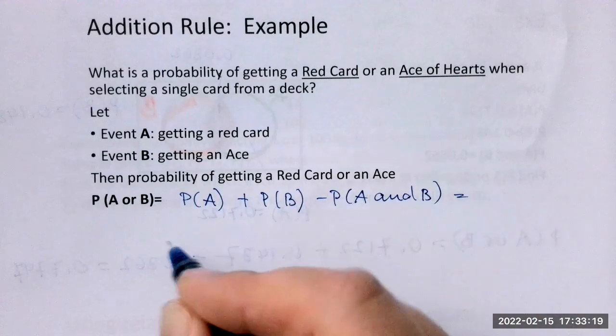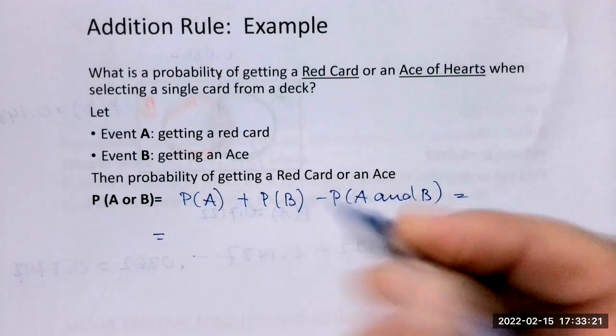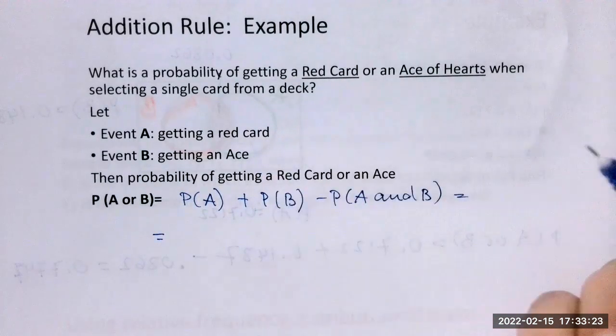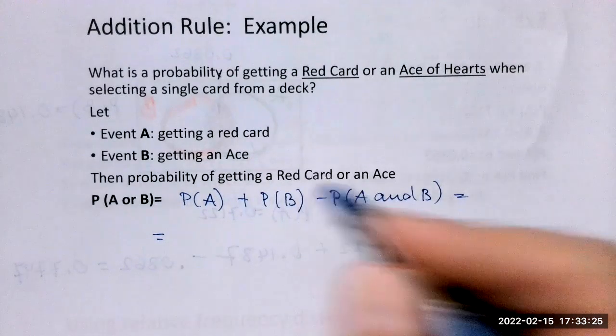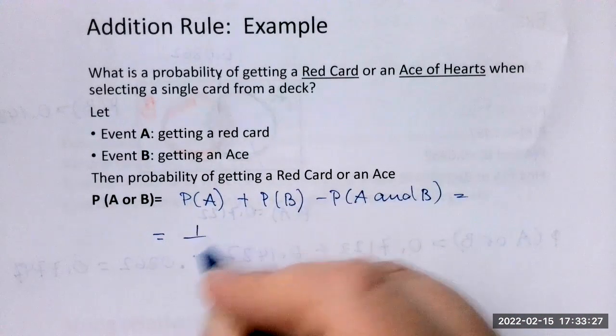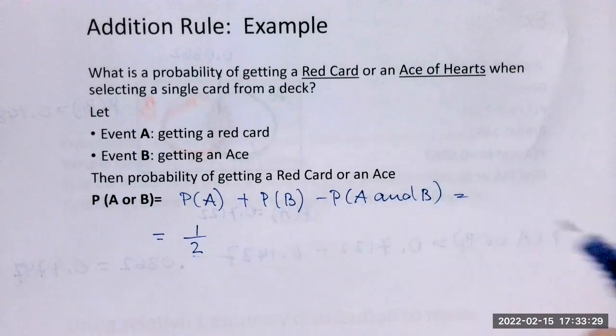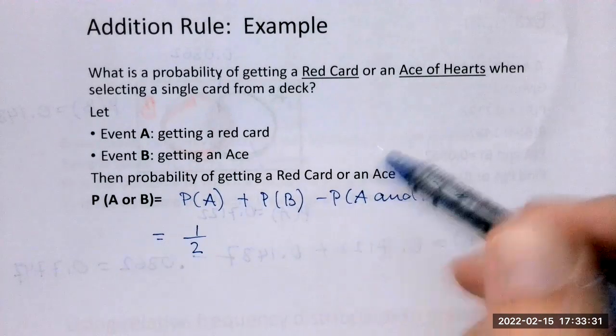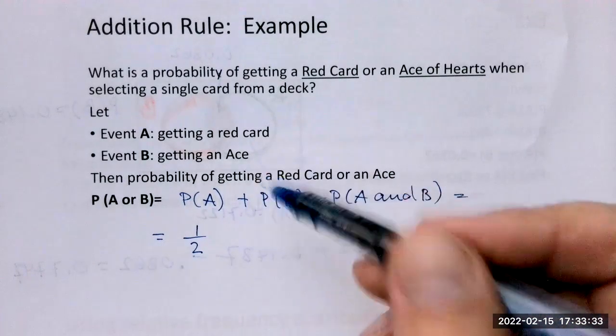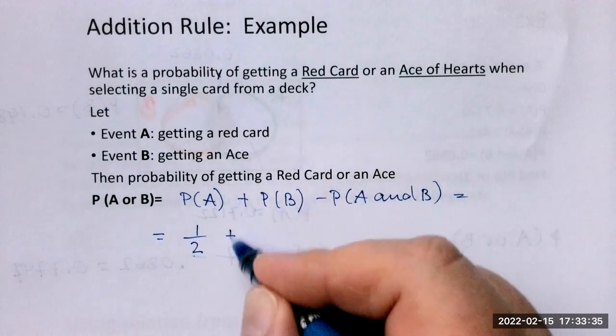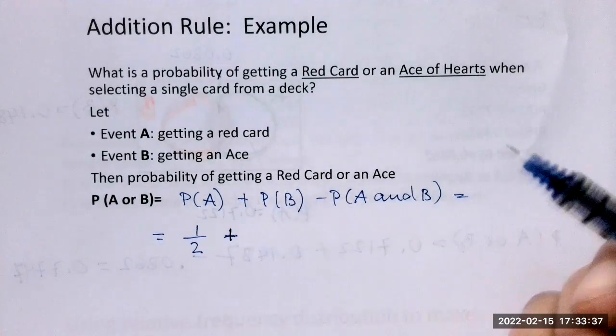So probability of getting a red card. Well, half of all of the cards are red, right? So that probability will be 1 out of 2, half. Probability of B is getting an ace. So what's the probability of getting an ace?